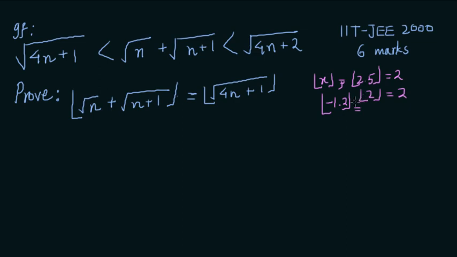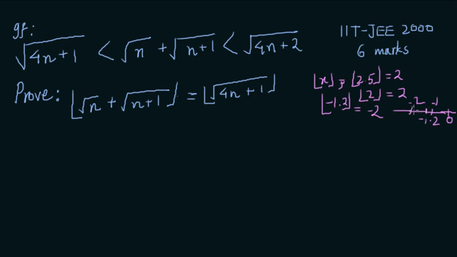Let me tell you the answer. It is minus 2. If any of you said that it's minus 1, then it is not correct, because if you see in the number line, here is our 0, here is our minus 1, and here is our minus 2, and here is our minus 1.2.